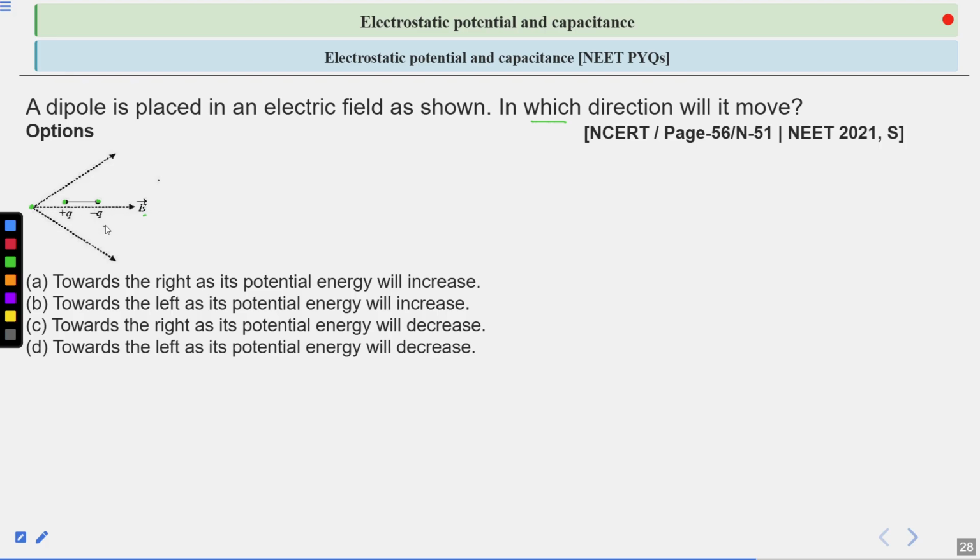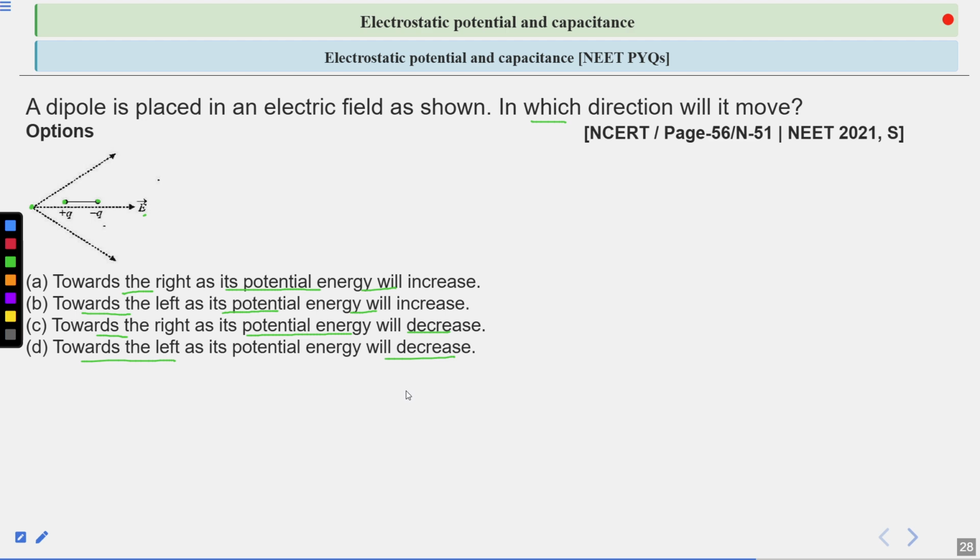So you have to tell, these are the four options. In which direction will it move? Towards the right, as its potential energy will increase. Towards the left, as its potential energy will increase. Towards the right, as its potential energy will decrease. And towards the left, as its potential energy will decrease. So these are the four options.